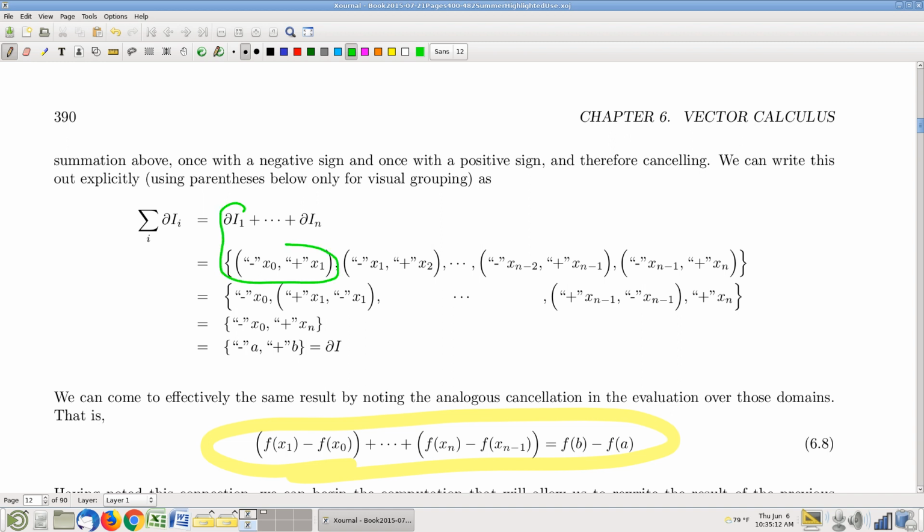There's the boundary of I1. Here's the boundary of I2, et cetera, et cetera, et cetera. And just as we observed on the previous page, here is how x1 appears twice, right? x1 is positive oriented as part of the boundary of I1, negative oriented as part of the boundary of I2.